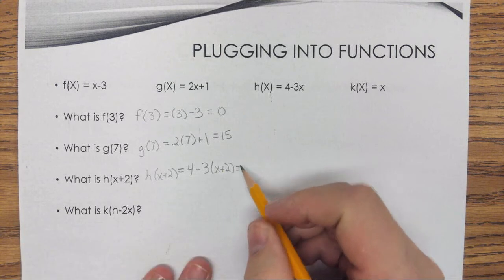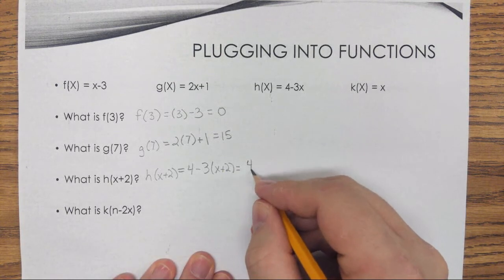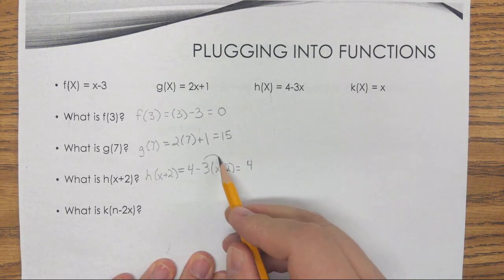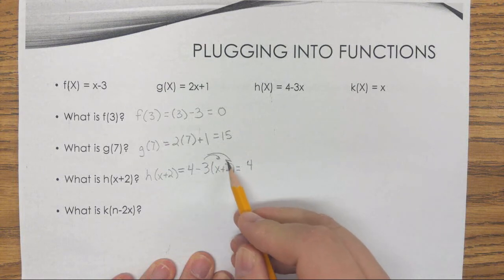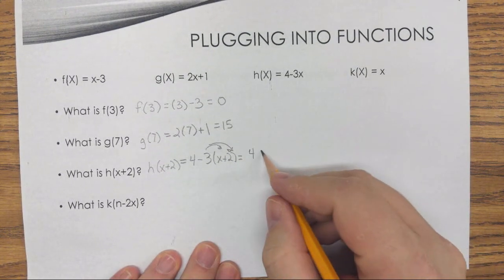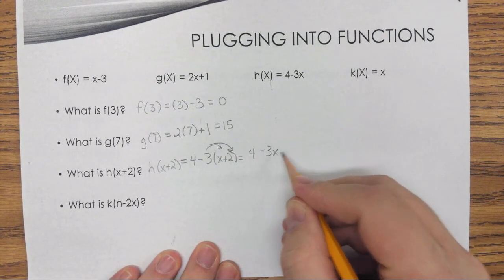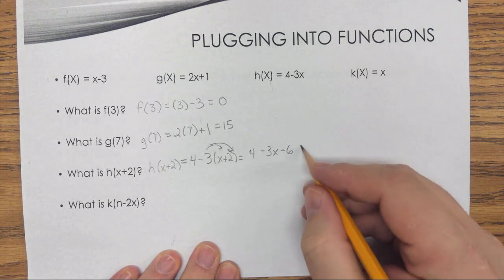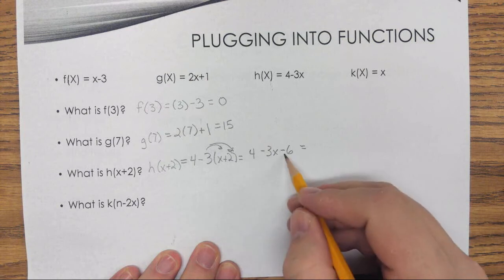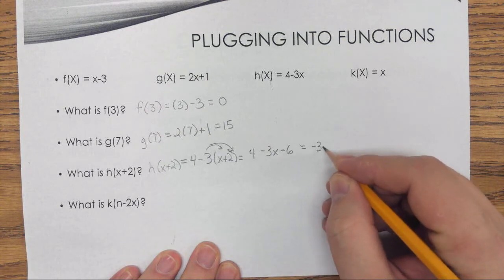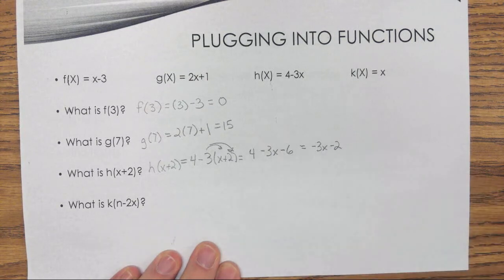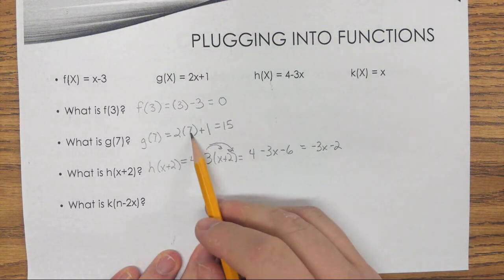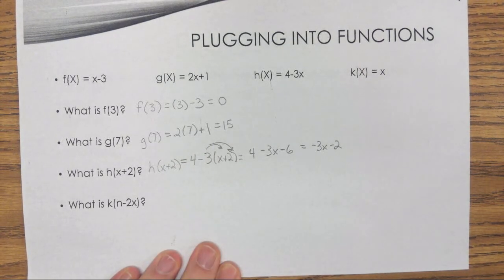And I'm going to simplify this. 4, distribute the negative 3 through here and here. So I get negative 3x minus 6. Simplify a little bit more, combine the 4 and the negative 6, I get negative 3x minus 2. This is just the same as plugging a number in, except it's an expression instead.